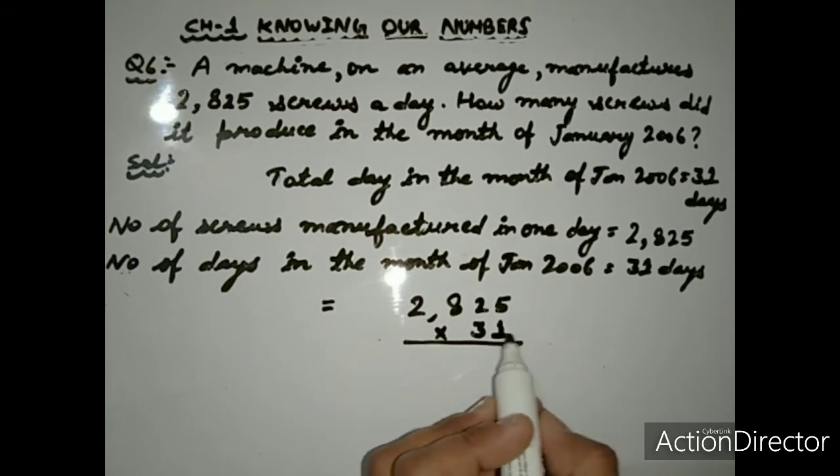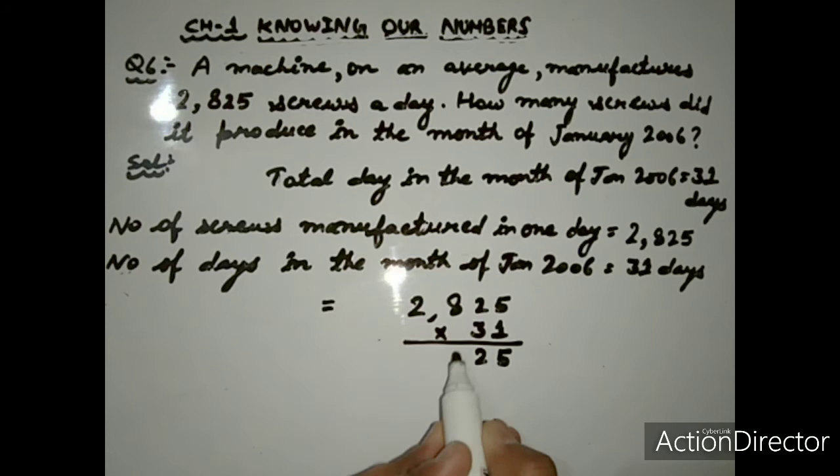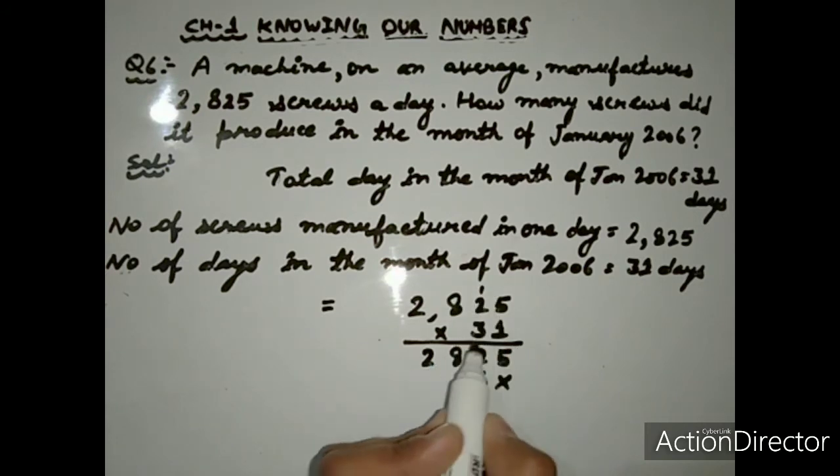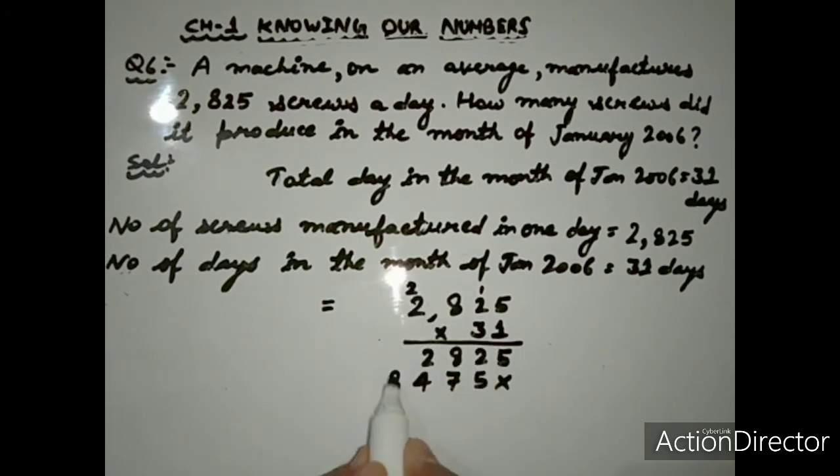So here we multiply 1 by 5, then we get 5, 1 to the 2, 1 8 the 8, and 1 to the 2. Now 3 5s are 15, 5, 1 carry, 3 2s are 6, 1 is 7, and 3 8s are 24, 4 and carry 2, 3 2s are 6, 8 is 8. Then we add these numbers.